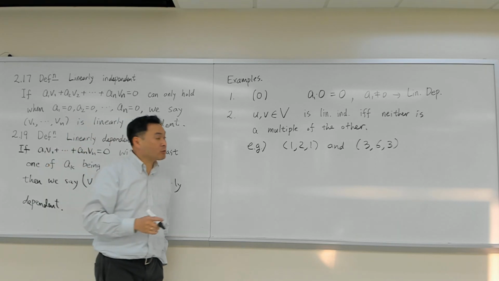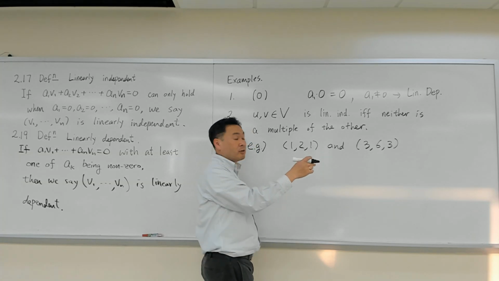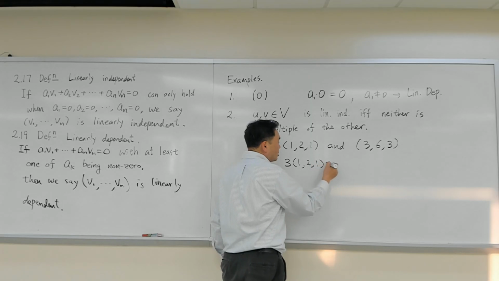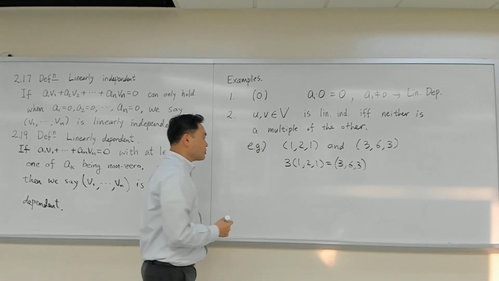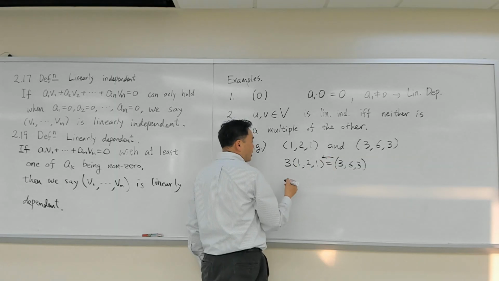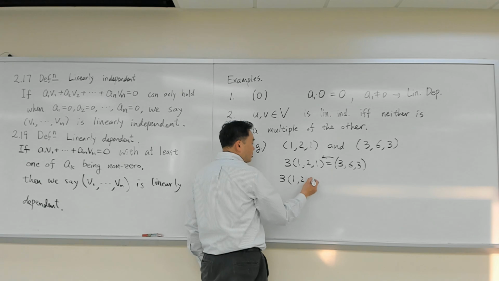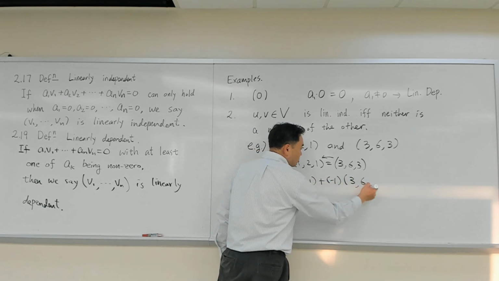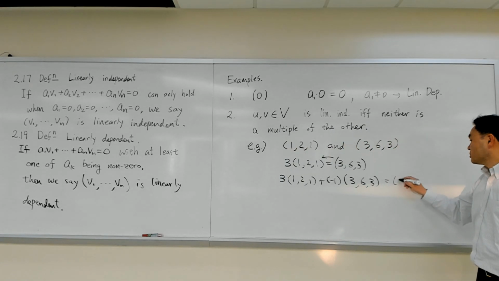Okay. So what's the relationship? You multiply 3 to this one, you get the other, right? So you have 3 times (1, 2, 1) equals (3, 6, 3). But if this is true, you can move this to the other side and rewrite it as 3 times (1, 2, 1) plus negative 1 times (3, 6, 3). And if you compute this, you get (0, 0, 0).